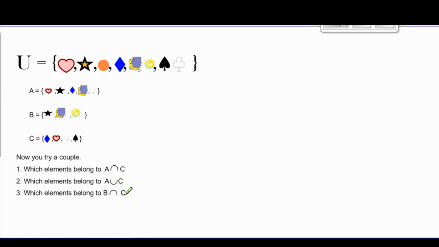And then B, blank, C. So pause the video, and then when you're finished, go on, and we'll see if you can get it right.